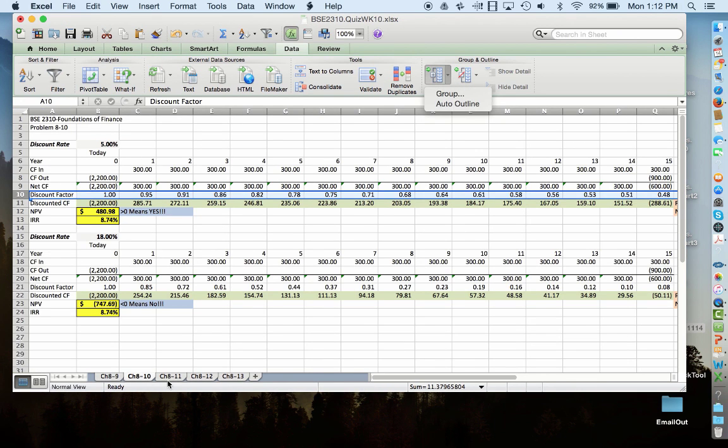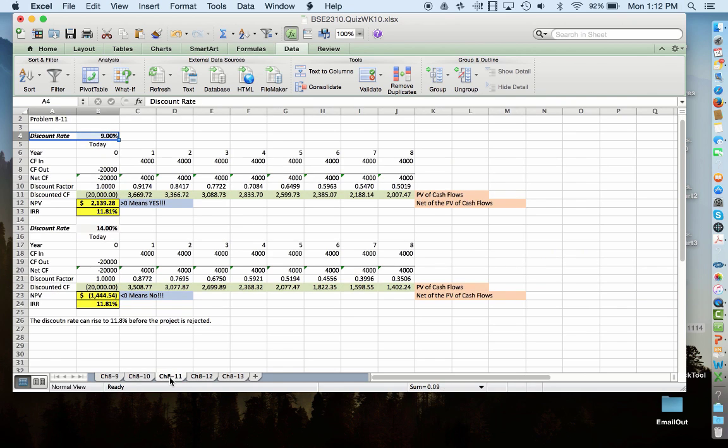Okay, number 11. Same kind of setup. One of the things I want to make sure we can do is translate the numbers in the problem. When you're reading the problem, it says something like initial outlay of $20,000.